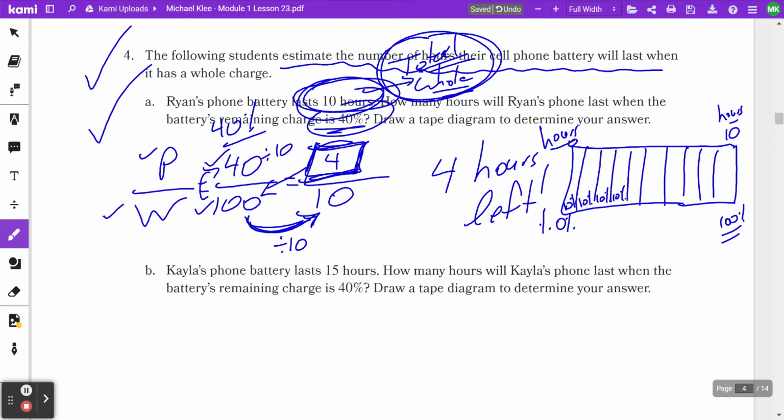Since he has 10 hours and he has 40%, 40% is right here. If it's 10 hours at 10 boxes, that means 1 hour each. 2, 3, 4, there it is. So 40% is there, and 4 hours is right there. So there's a visual for you if you want to look at that.